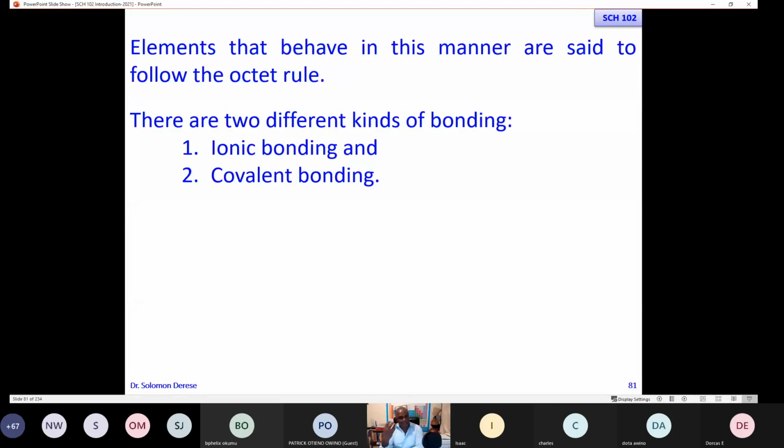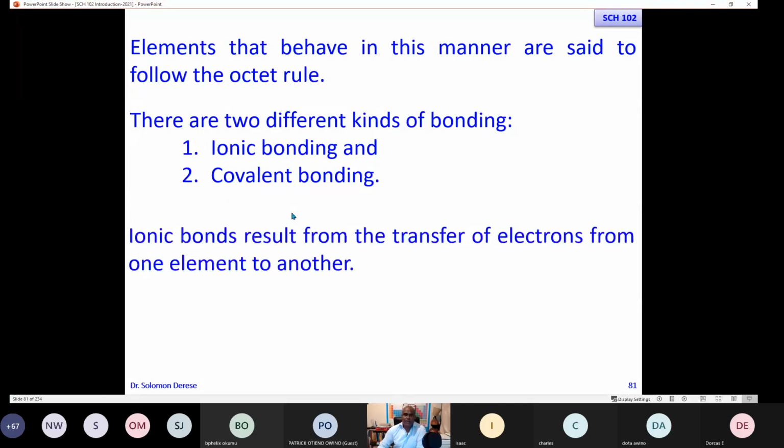Some elements attain their octet by forming ionic bonding with each other, while some other elements attain this octet by forming covalent bonding. Ionic bonding involves transfer of electrons, and covalent bonding involves sharing of electrons.